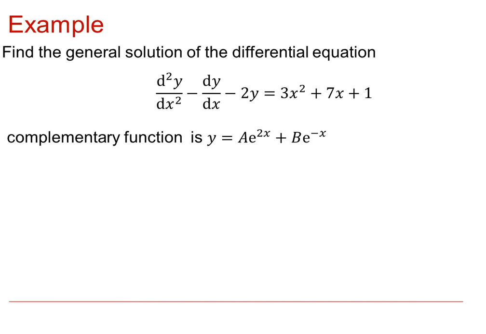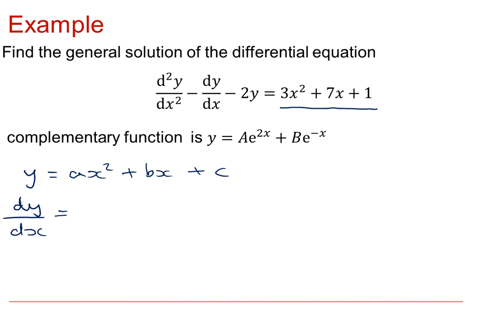Let's try the same form as f of x, in other words a quadratic. So, setting y equal to ax squared plus bx plus c, that would, on differentiating, give us dy by dx equal to 2ax plus b, and d2y by dx squared equal to 2a.